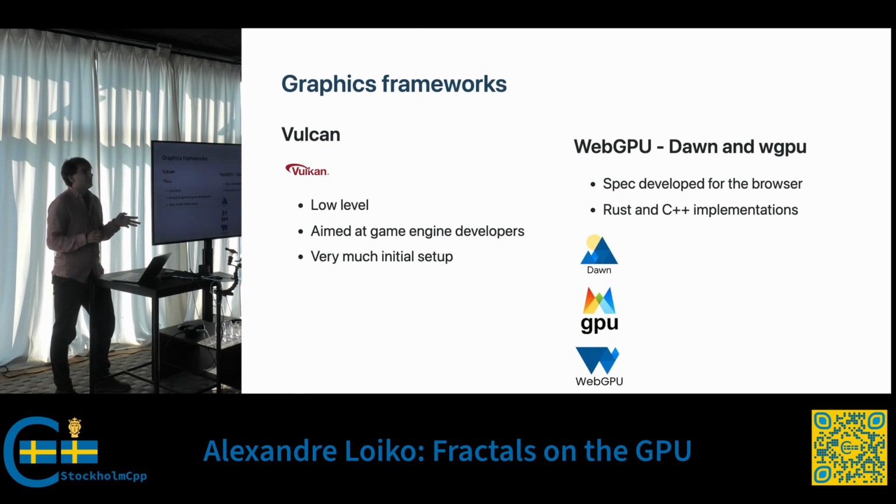Both of those implementations you can basically use interchangeably. They come with a C header, and you can make them emit a library that you can then link to. So I tried Dawn. I think I have a build script that should also work with WGPU, but I haven't tried.